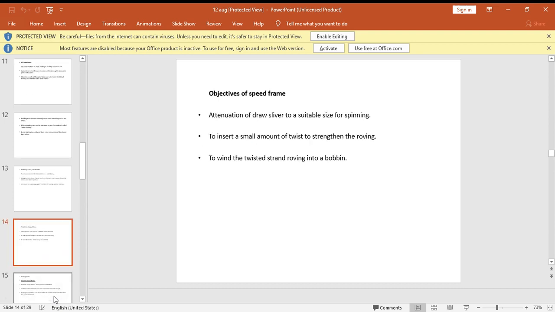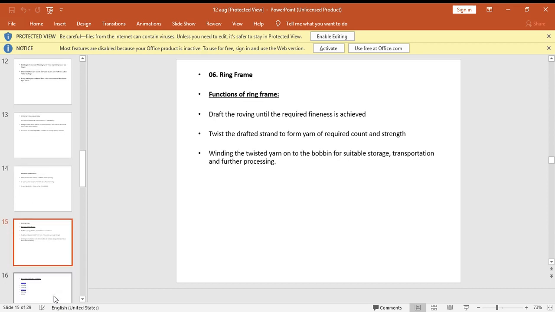The objectives of the speed frame are attenuation of drawn sliver to a suitable size for spinning, to insert a small amount of twist to strengthen the roving, and to wind the twisted strand roving onto a bobbin. That is about the speed frame or roving.